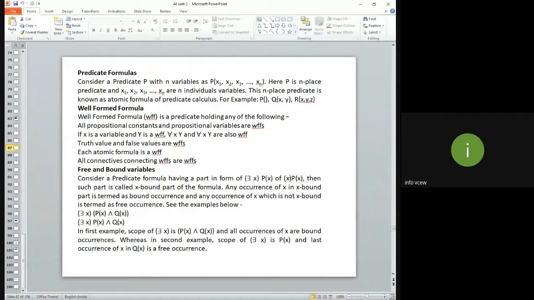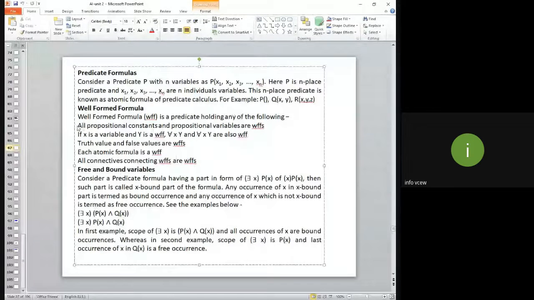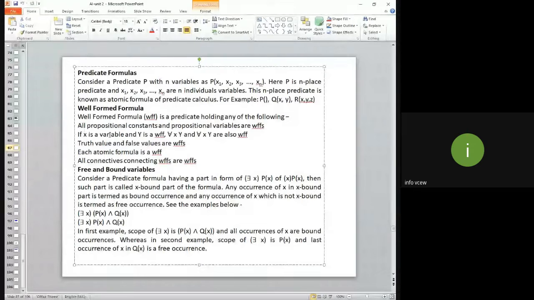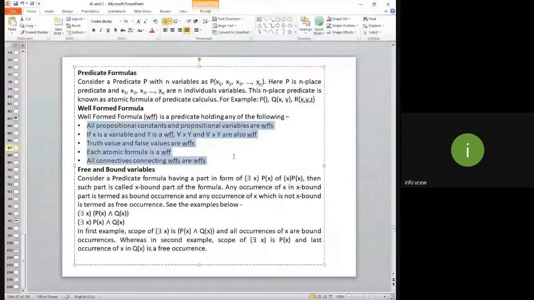Next is the well-formed formula, WFF. Here we have a set of statements. First, all propositional constants and propositional variables are well-formed formulas.